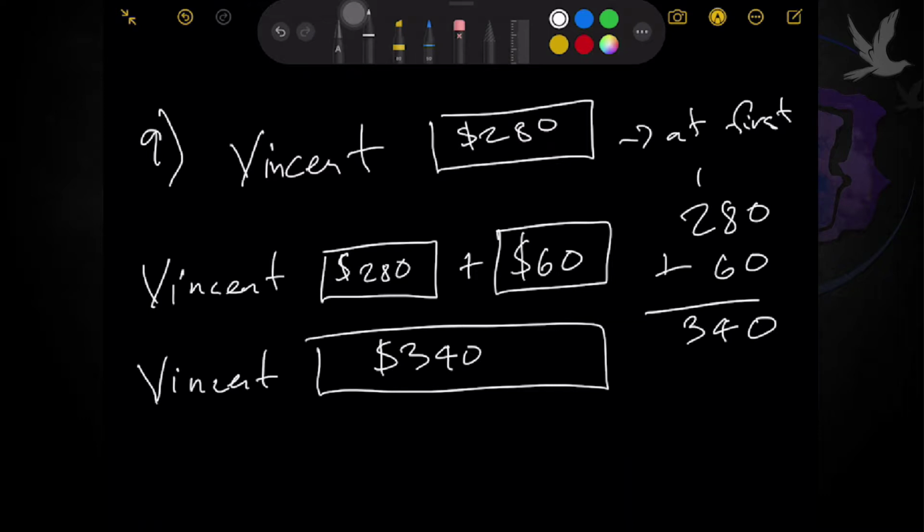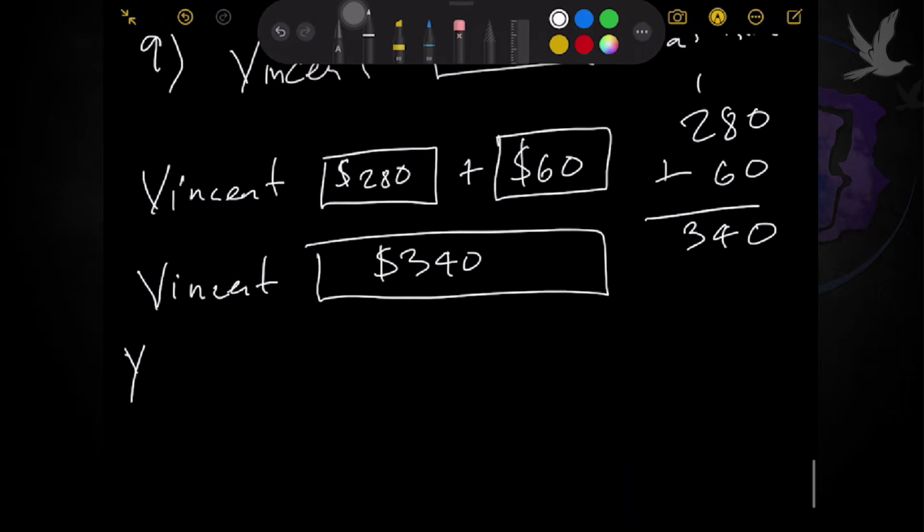Okay. Vincent has 110 more than his younger brother. So meron tayong younger brother dito. The younger brother has fewer, obviously, kasi since Vincent has more, the younger brother has less.